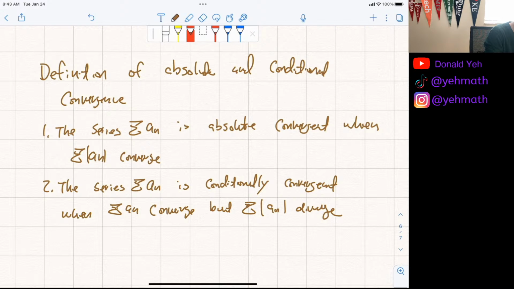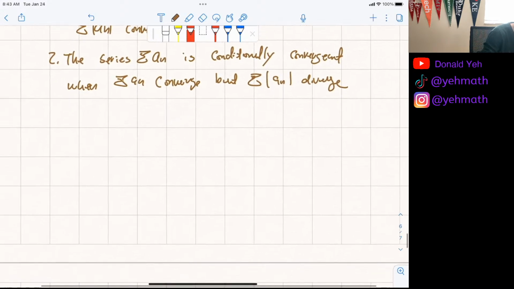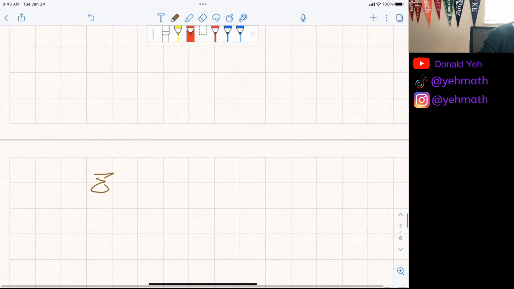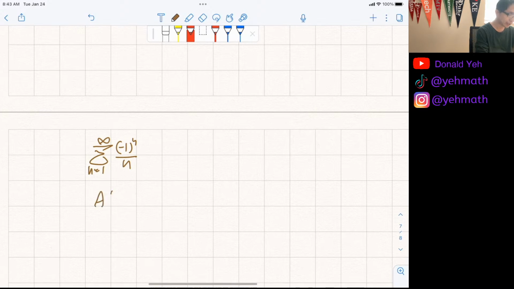So let's look at the alternating harmonic series: the sum from n equals 1 to infinity of (-1)^n over n. Due to AST, so that's alternating.